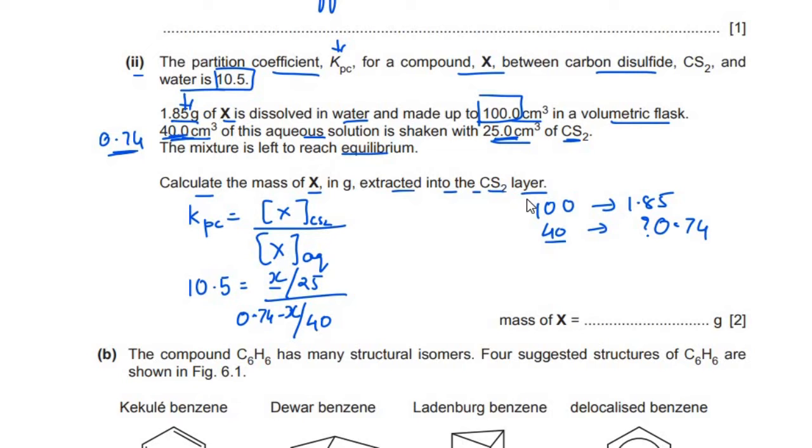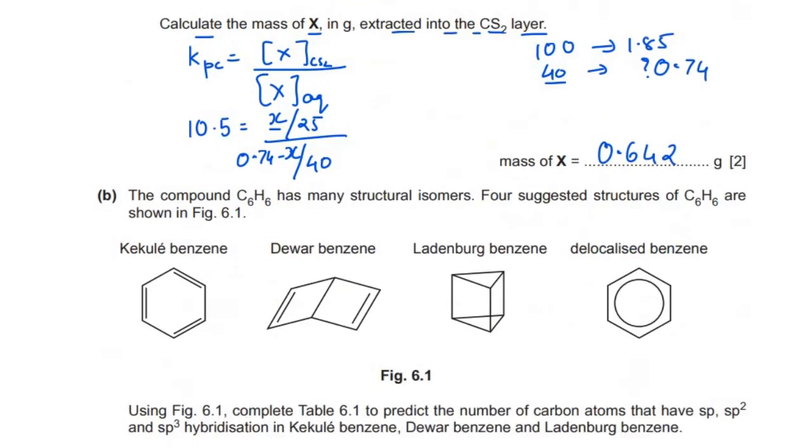If you simplify this equation and find the value of x, we get the answer as 0.642 gram. You just have to simplify this mathematical equation and find out the value of x. So that's how we find out the value.